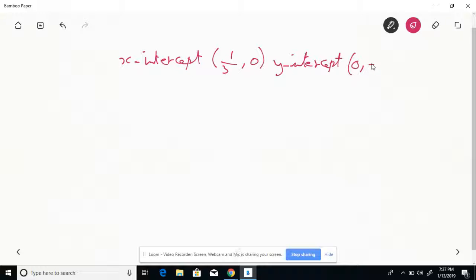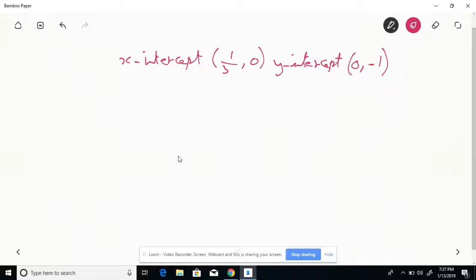We can sketch the graph to see how the equation looks.